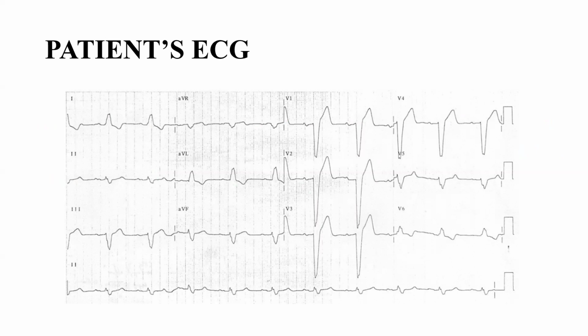This scenario draws our attention to the benefits of the various modalities of stress echo. Whereas LBBB is a contraindication for treadmill stress test, you can still do a dobutamine stress test in the presence of LBBB.